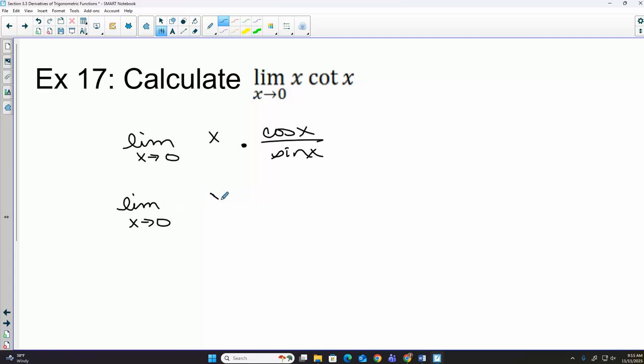So, we can put this 9 over here. I haven't proven it, but the limit as x approaches 0 of x over sine x also goes to 1. Here's your little justification if you don't believe me.